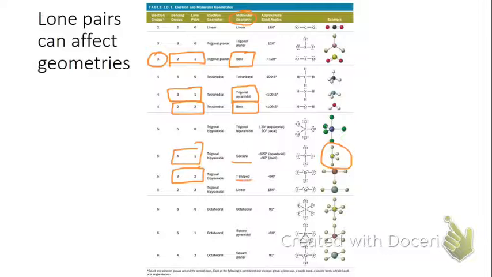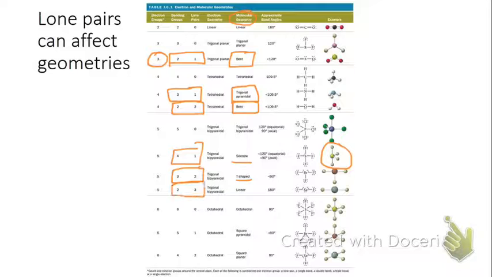This is known as T-shaped. Notice 3 bonding groups, 2 lone pairs. It is not trigonal planar, but it's T-shaped. It looks like a T. You will need to know these for your lab the Thursday after Thanksgiving.